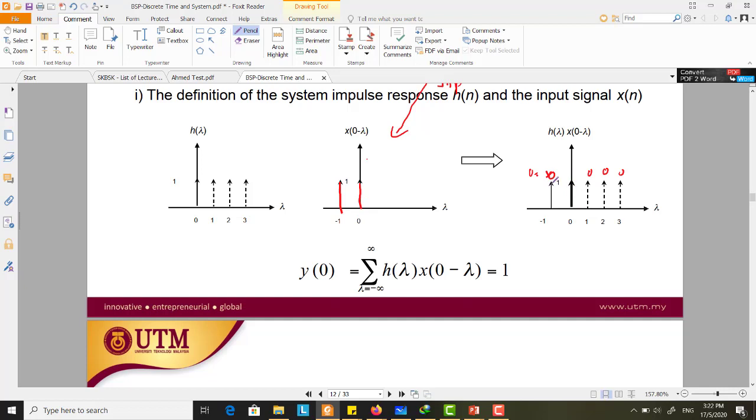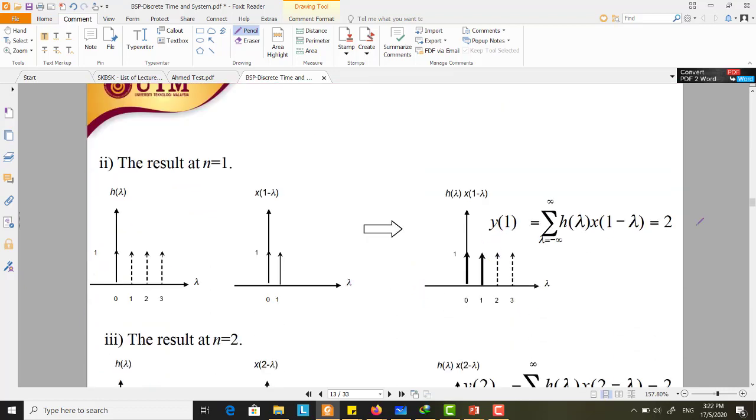This one is not overlapping, but if you shift in that direction, the one at this point previously will go into this point. So now you have a 2-point overlap between your xn and your hn. So 1 times 1 is 1, 1 times minus 1. Now because of the summation, your y1 becomes 2 there.